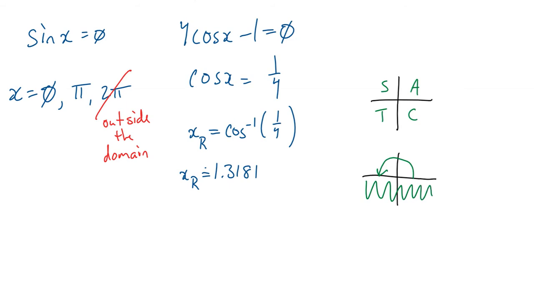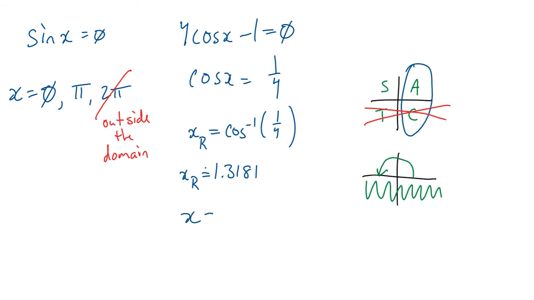So any solutions in the bottom two quadrants are not needed, are not part of the interval of the domain that we're working on in this question. So those are out. This was cos x equals positive 1/4, and that would be where cosine is positive. But again, these two are out. So I only have the one solution in this case.